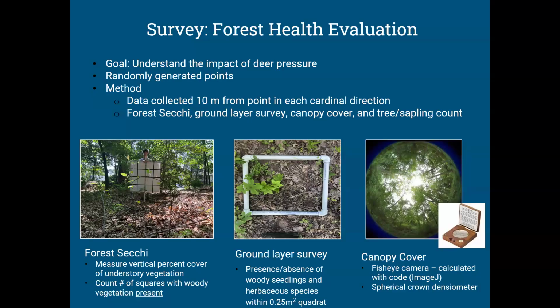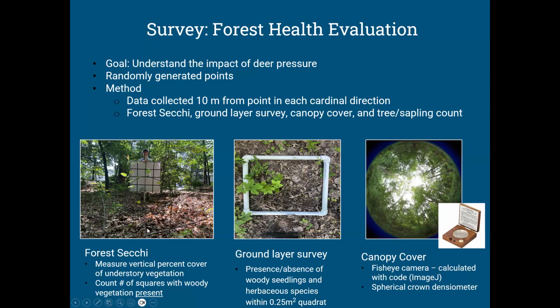Sometimes, depending again on who the landowner is and how much detail they want, how much money they have, we've done forest health evaluations that are more detailed. So you would randomly select points in the forest and do these types of measurements. The one that we use the most now is called the Forest Secchi, a whiteboard gridded out to 16.